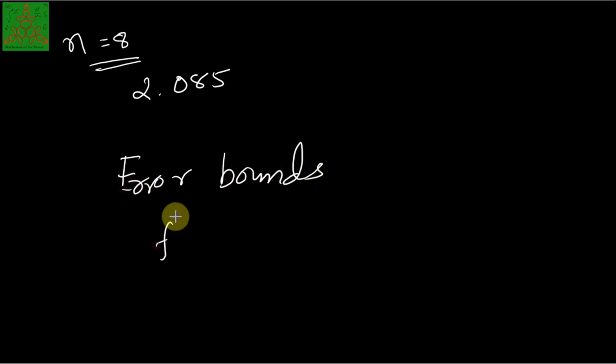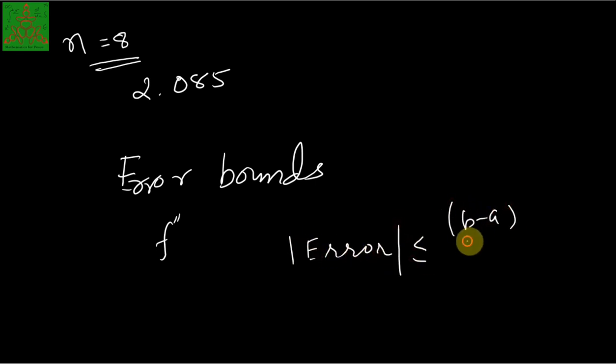So if f is a function whose double derivative is continuous, that means it is a twice continuously differentiable function, then the error in the trapezoidal rule is (b minus a) upon 12, h square, into mod of the double derivative of f at M, where f double dash of M is the largest value of f double dash.